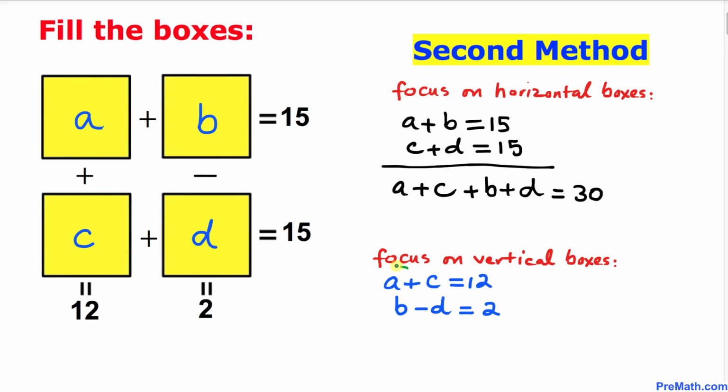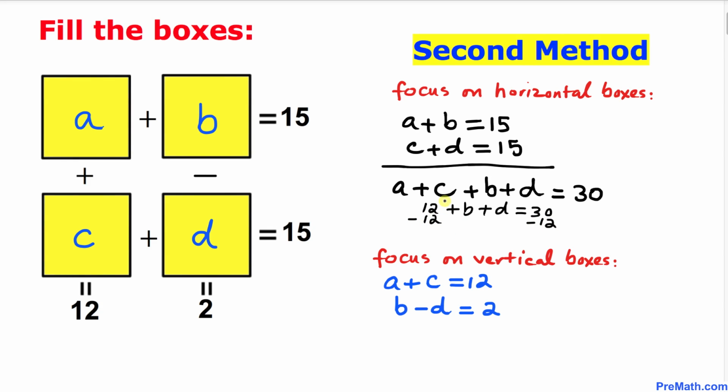Now let's look at this. A plus C equals 12. Let's replace over here A plus C by 12. So this means 12 plus B plus D equal to 30. Let's subtract 12 from both sides.